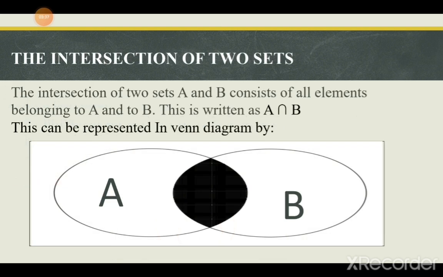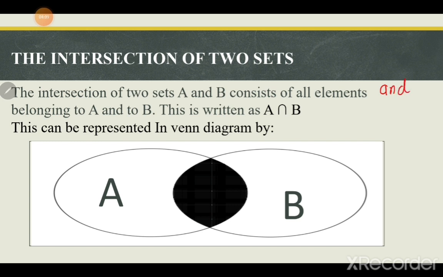The intersection of two sets. When we say intersection of two sets, it is where the sets A and B have similar elements. Take note, the intersection of two sets follows the logical notation AND.